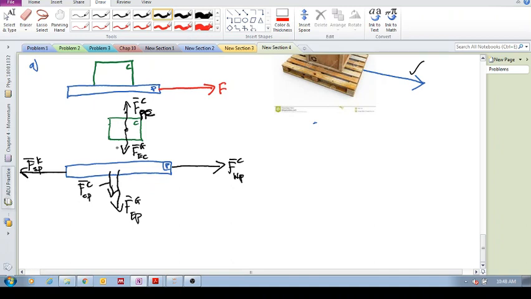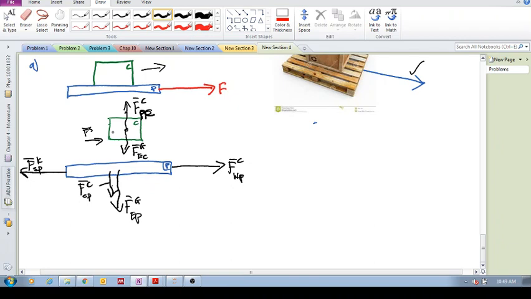Now you might be wondering, what about the static friction force? Because I'm applying this force and it essentially is causing this crate also to move in this direction. So you might say there should be a static friction force between these two, so I can put in a static friction force.